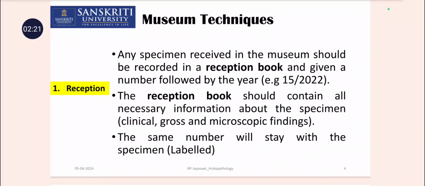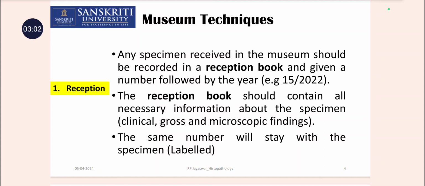Any specimen received in the museum should be recorded in a reception book and given a number followed by the year, like 15/2022. So it means this is the 15th specimen. Second, the reception book should contain all necessary information about the specimen, like clinical information, grossing, what kind of shape, size, weight, color, everything.